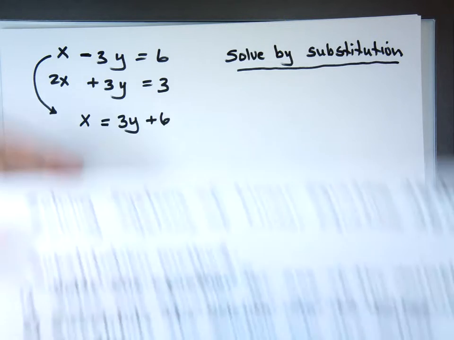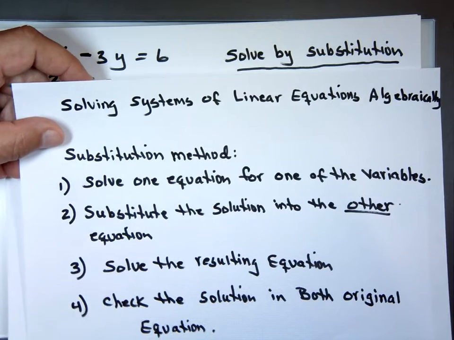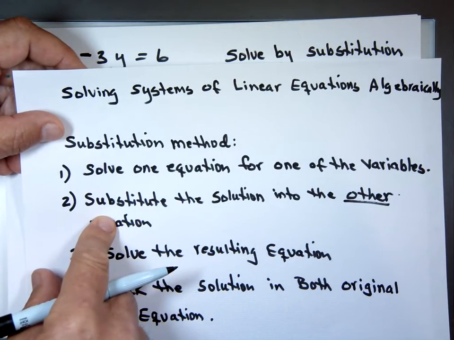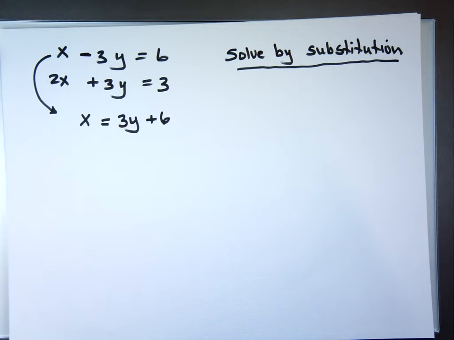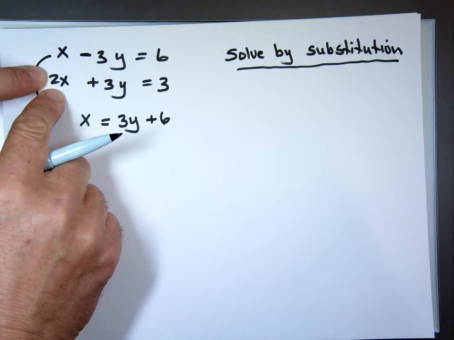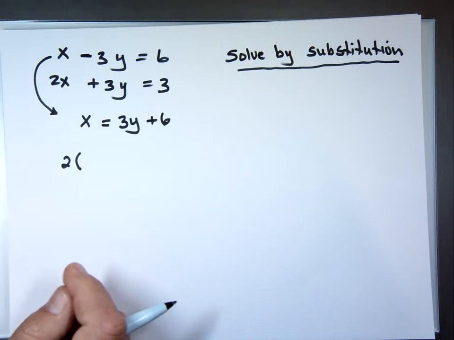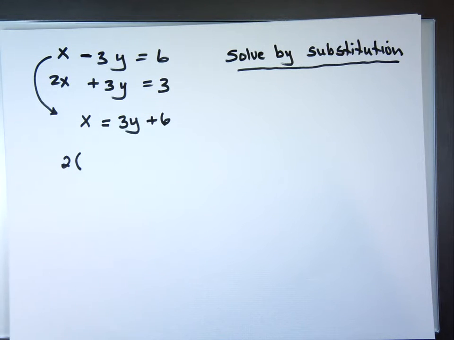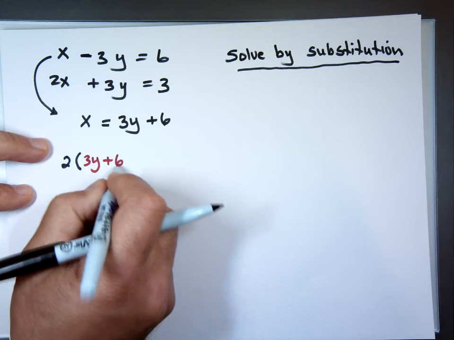So solve one of the equations for one of the variables. We did that. Substitute the solution into the other equation. So here's my other equation, that's this one. 2 times, in place of x, I'm going to replace x now with 3y plus 6.